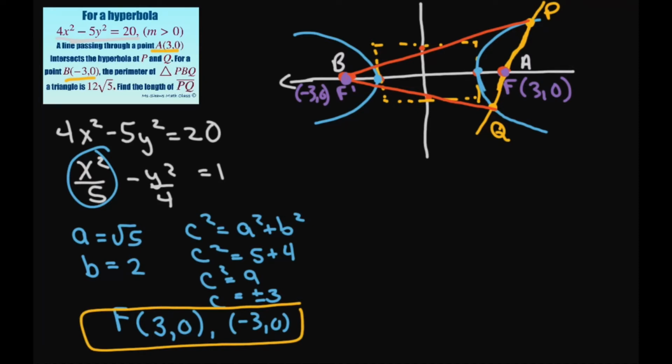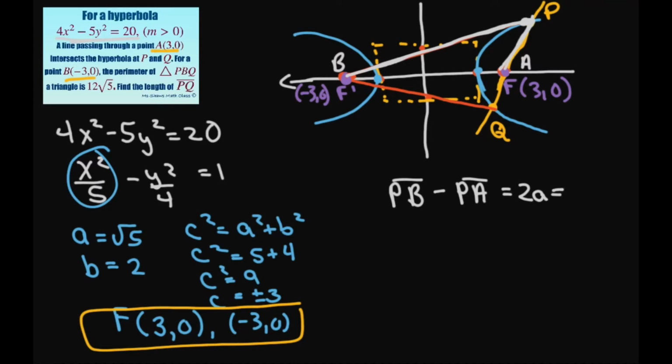by the definition of a hyperbola, this PB minus PA equals 2a. So when you take these two and subtract, you get 2a. So the length of PB minus the length of PA equals 2a.